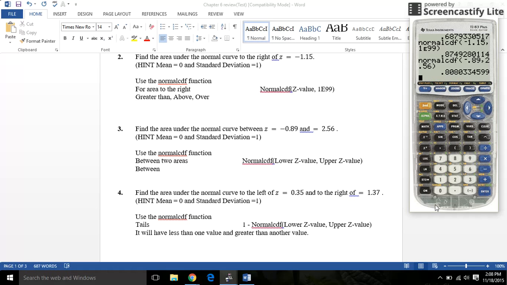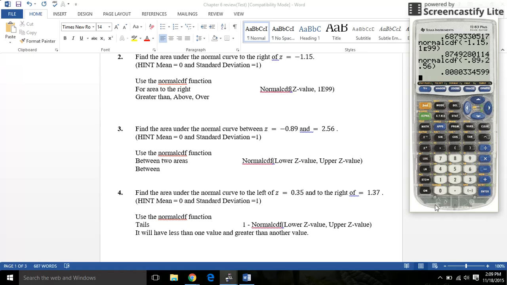Our final scenario is find the area under the normal curve to the left of z, which is 0.35, and to the right of z, which is 1.37. Again, your mean is 0 and your standard deviation is 1. This one is very similar to number 3, with only one slight difference. You're using the normal CDF function. This is called a tail scenario.